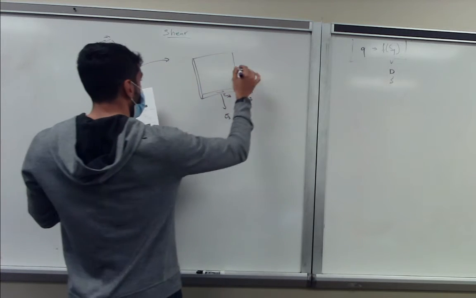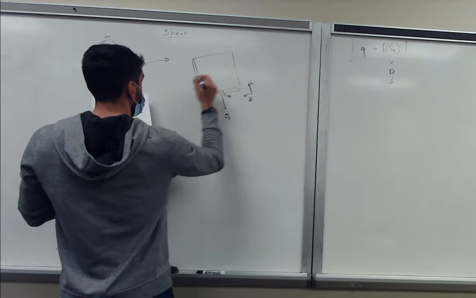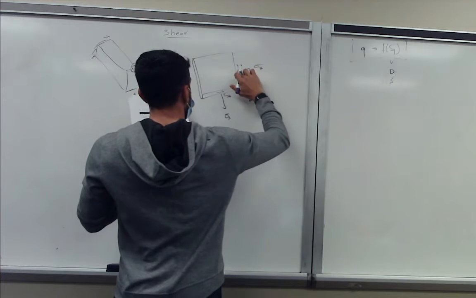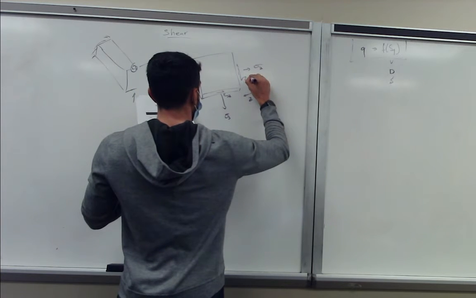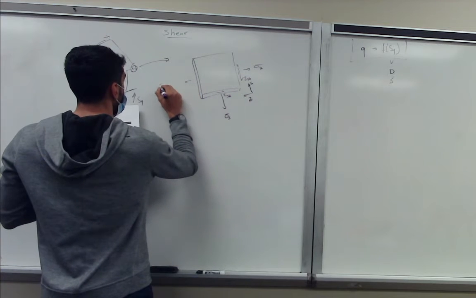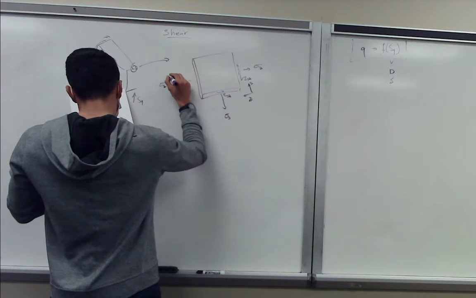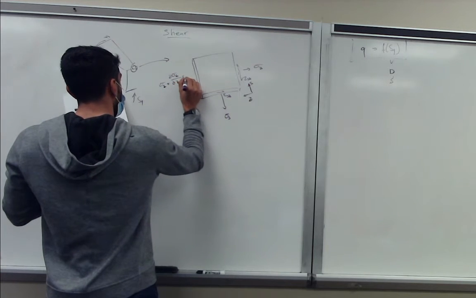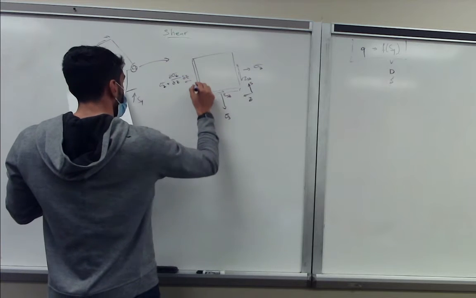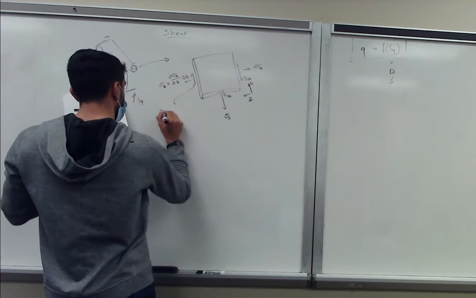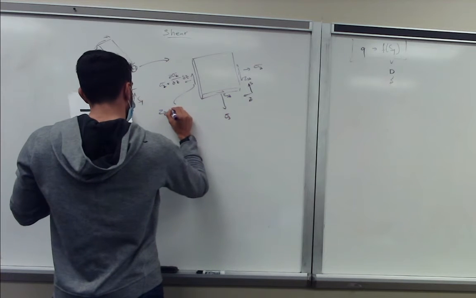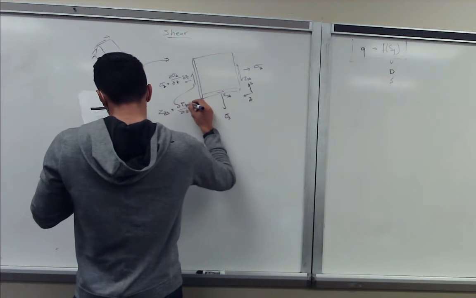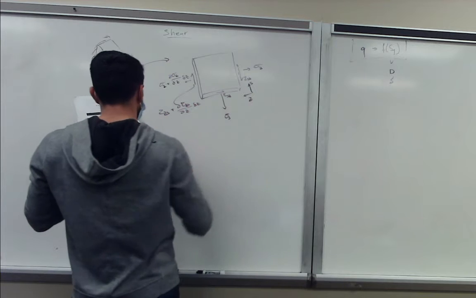And then on this side, sigma z and, in the shear flow direction, tau sz. And on this side, we get the stress at z plus delta z, which is tau sz plus the variation of tau sz with respect to z multiplied by delta z.